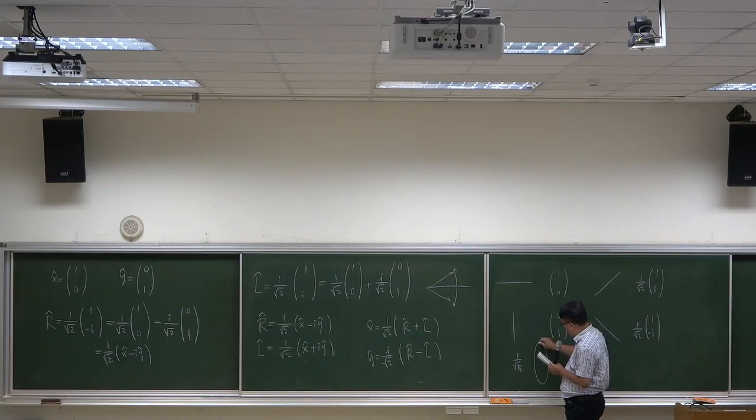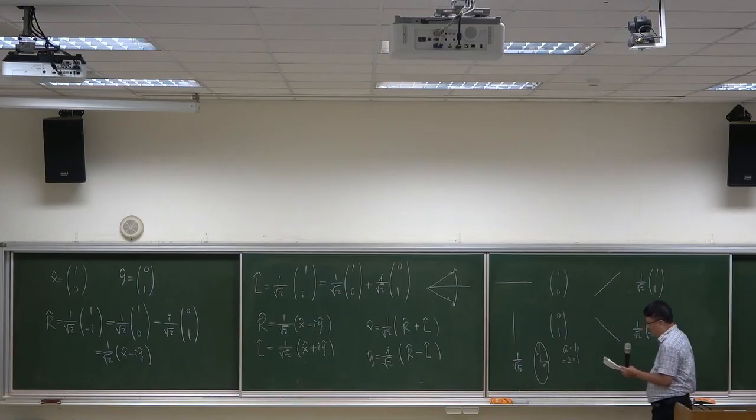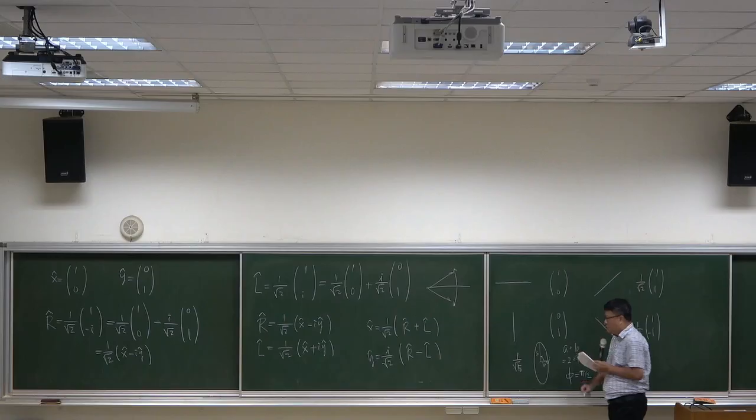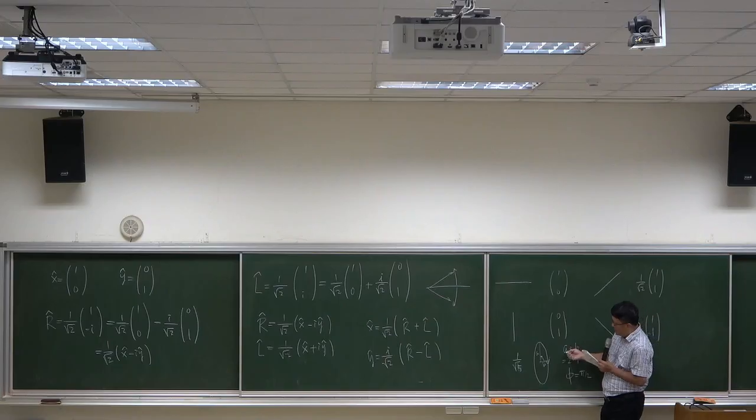Suppose now we have an ellipse whose semi-major axis A to the semi-minor axis B is equal to 2 over 1.